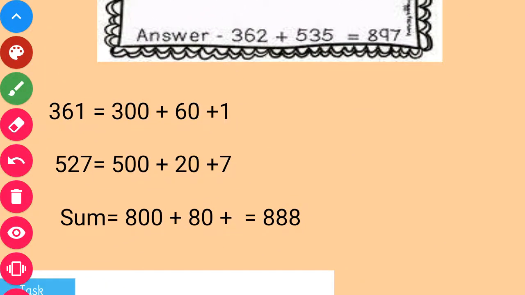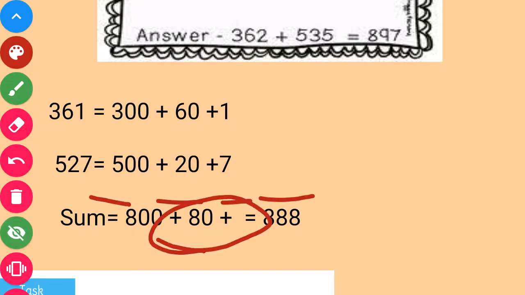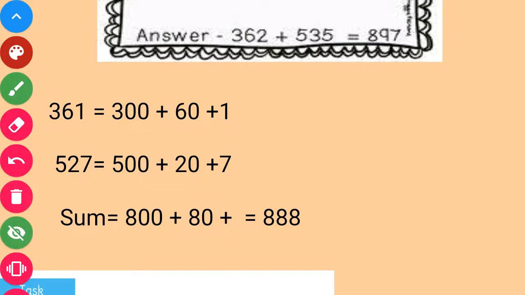Here I have taken two numbers, 361 and 527, and we have to add them both. So first we will expand 361. Expanding 361, we will get 300 plus 60 plus 1. And then we will expand 527.